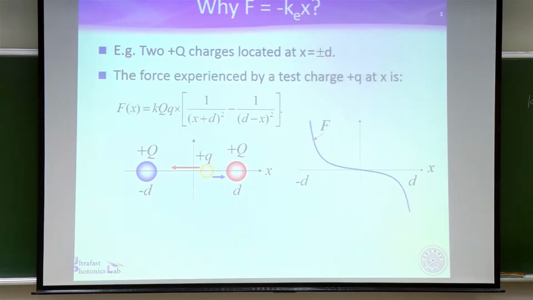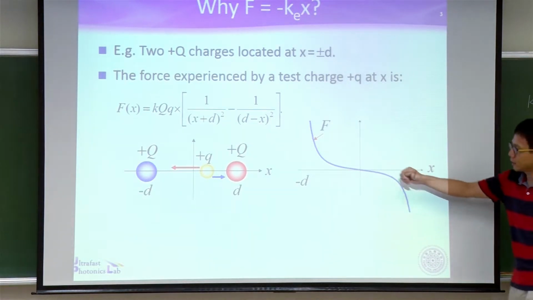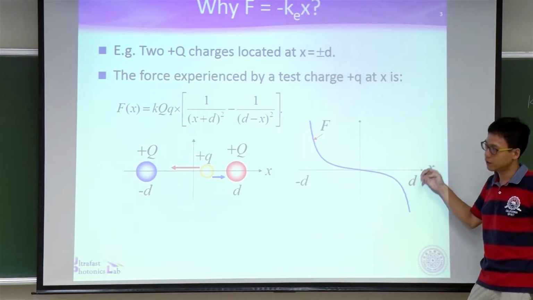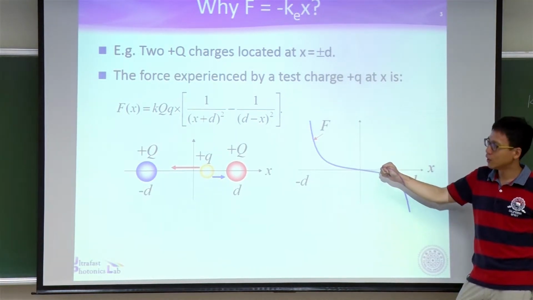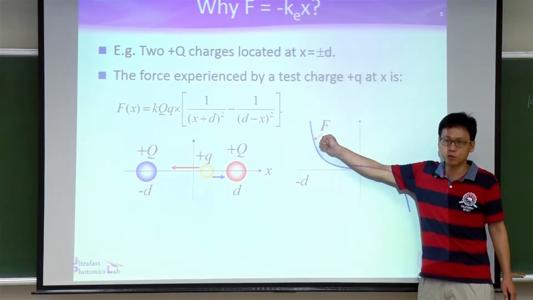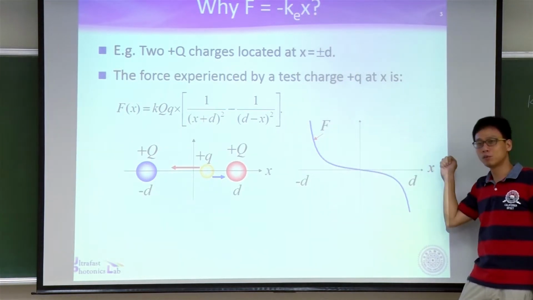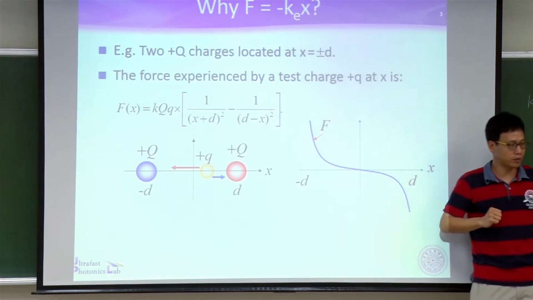So if you use Coulomb's law, you can calculate the total force as a function of small displacement x, which can be drawn as the blue curve in this figure. To the right, you have negative force. That means pushing back. To the left, you have positive force. Also means pushing back to the middle point, right?